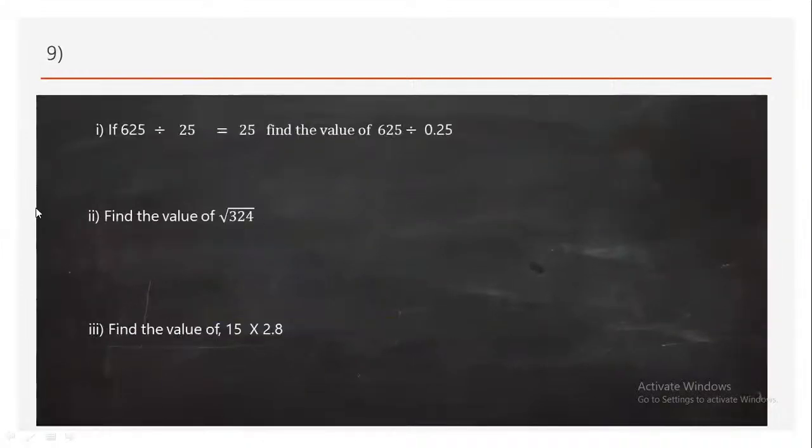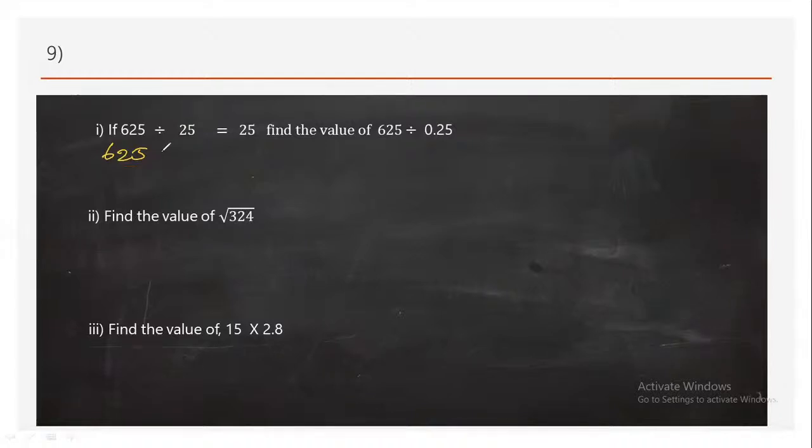Find the value of 625 divided by 0.25. 625 divided by 0.25, that is 25. So when we divide like this, 625 by 0.25, there are several methods of doing this. So I will show you the first easy method.